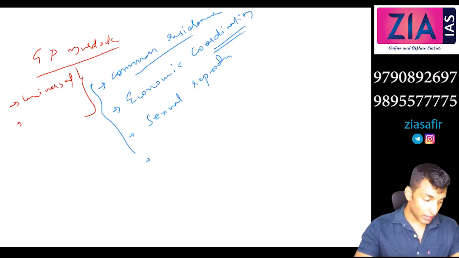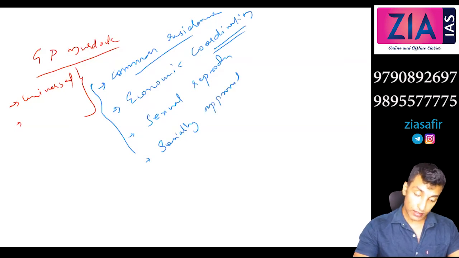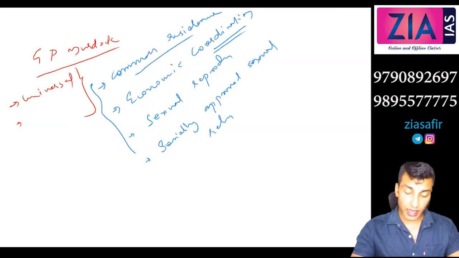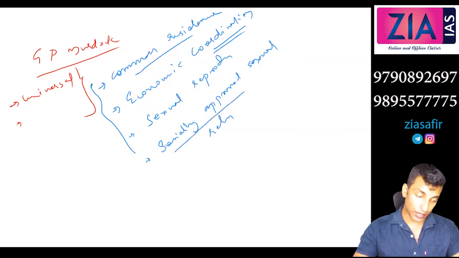Okay, and then socially approved sexual relation between adults of both sexes. So socially approved sexual relation. That means one of the functions of family is sexual gratification. So here, socially approved sexual relation between adults of both sexes.